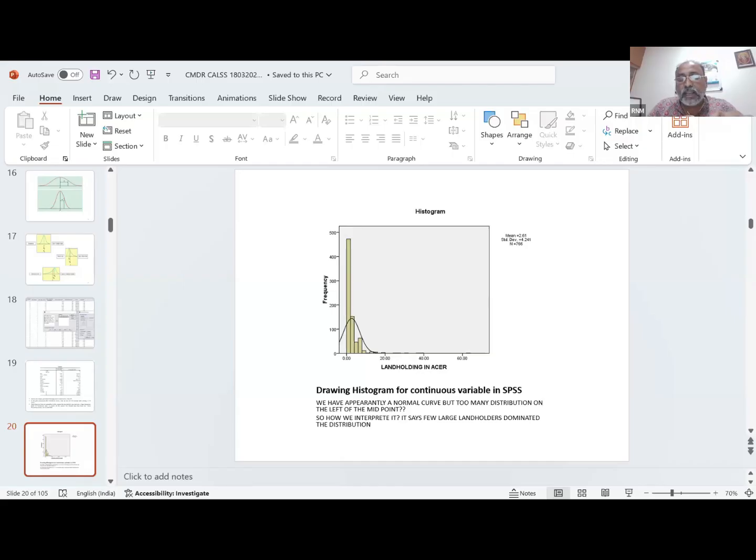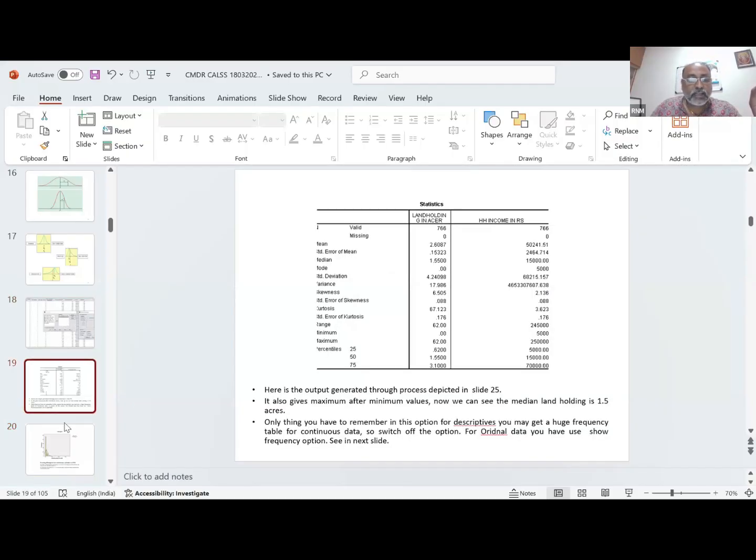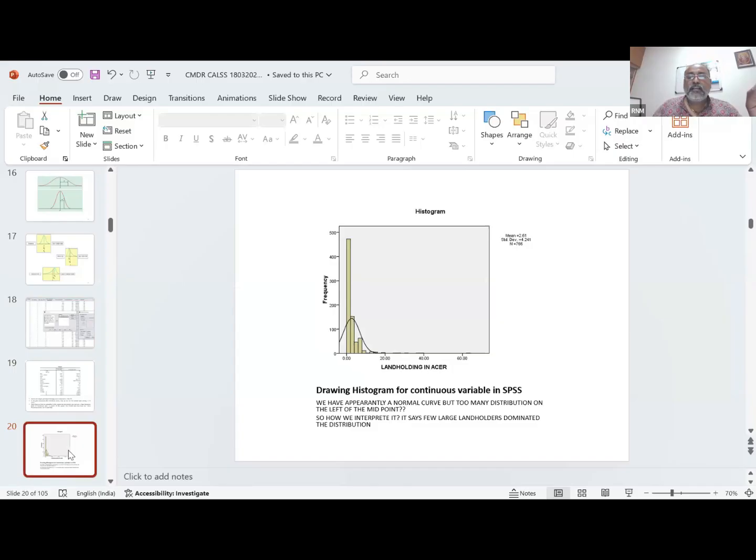Go to the landholding in acres and put it in the histogram, as I have shown on slide number 18. Now you can get the statistics as well as this histogram. Here it shows that even if this is normal data, a lot of the distribution is skewed to the left side.